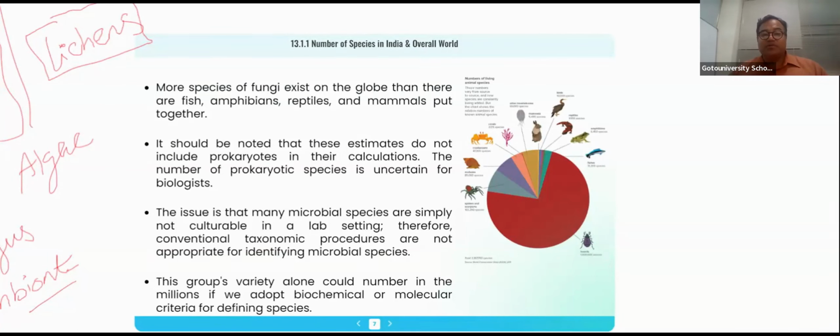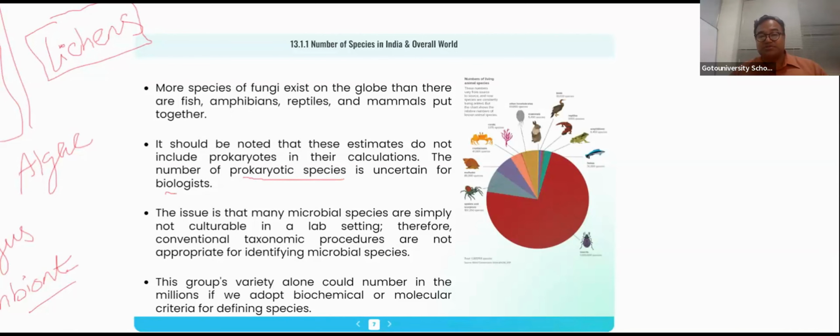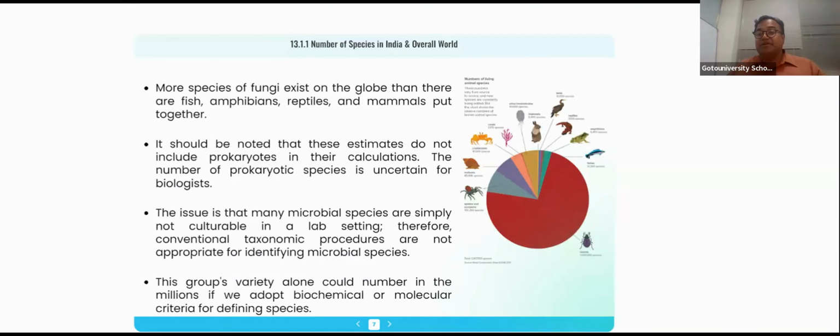If you're talking about the number of prokaryotic species, it is uncertain for biologists. We can't say why, because each and every day new microorganisms are coming. Can you give an example for that? Antibiotic resistant microbes. What do you mean by antibiotic resistant microorganism?